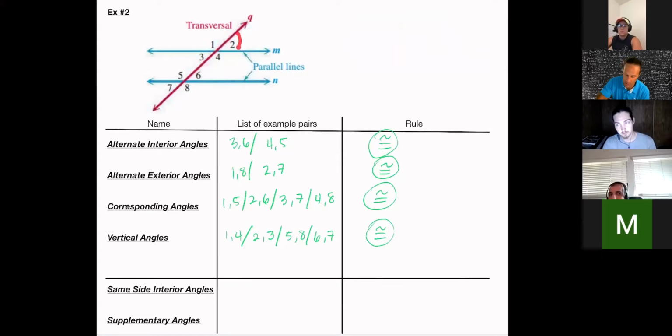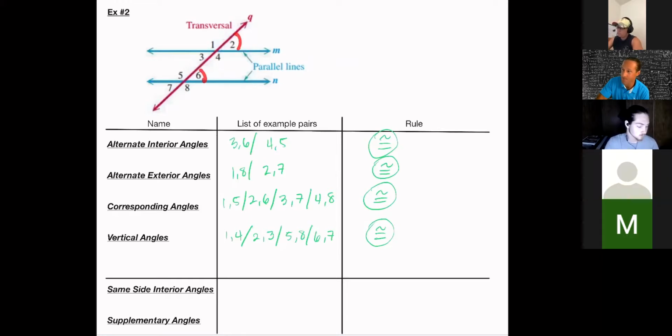So since we know these two are, what's the one word we made up for two angles adding to 180? Supplementary. Good. And because we know 2 and 6 are the same corresponding angles, then we know because 2 and 4 are supplementary, then since I can rewrite this as 2, so are these same side interior angles.